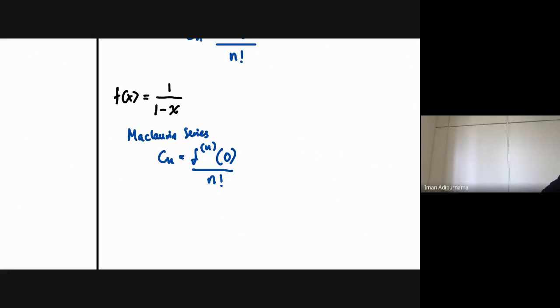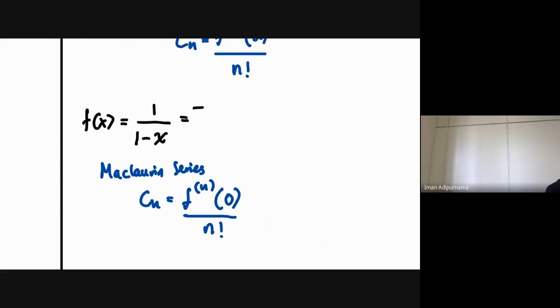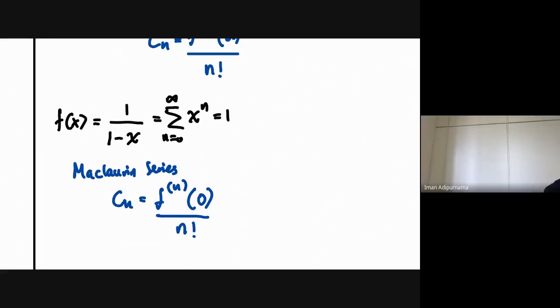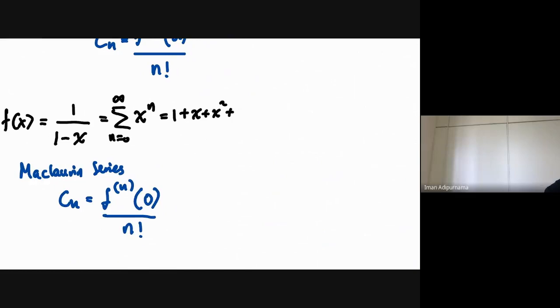To confirm this, we can check. If we remember, 1 over 1 minus x is actually our geometric sum, so we can write its sum as x to the power of n. Or if we expand this, it becomes 1 plus x plus x squared plus x cubed plus dot dot dot. Okay? And we can conclude that the ratio should be less than 1 to be convergent. Right?